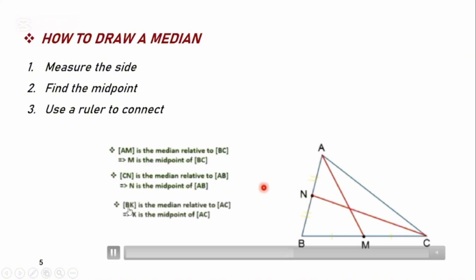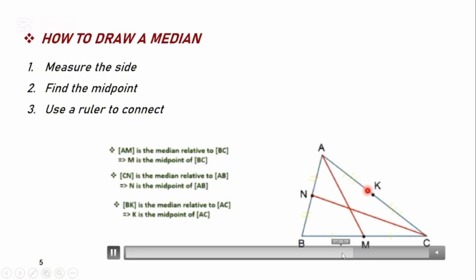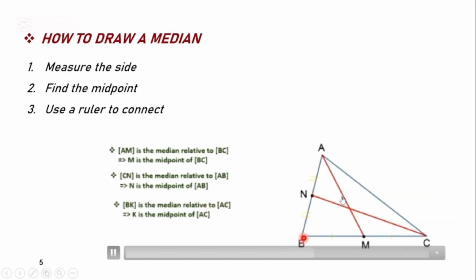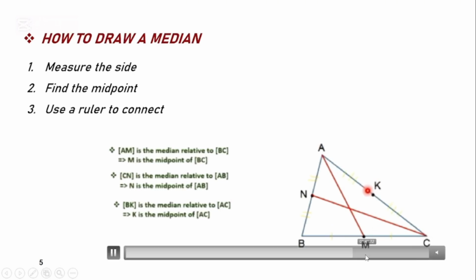The third median is BK, the median relative to AC. So we measure AC using a ruler. It's 8 cm. We mark the midpoint at 4. And then we connect B to the midpoint K.